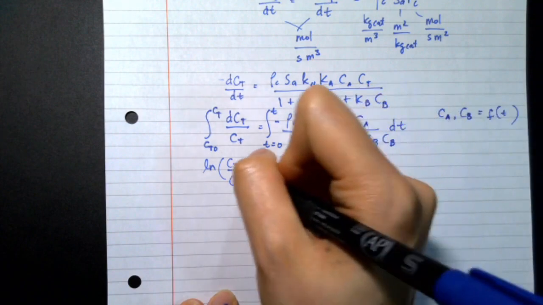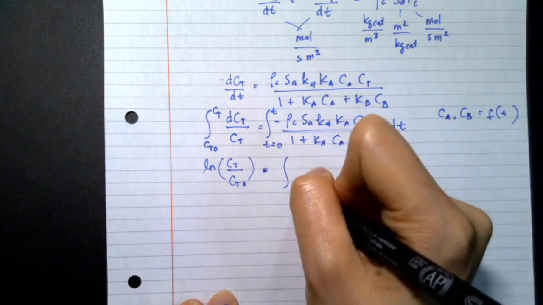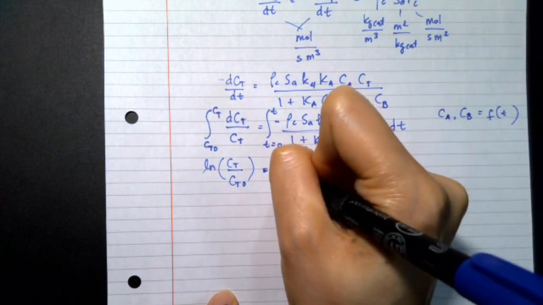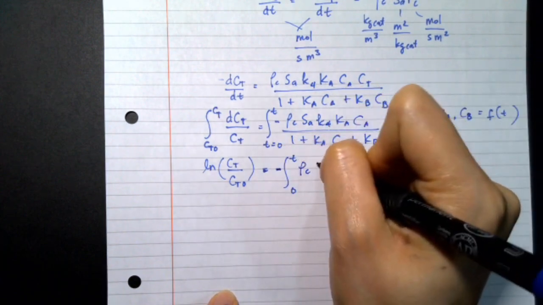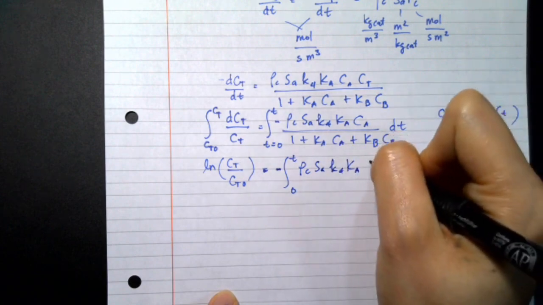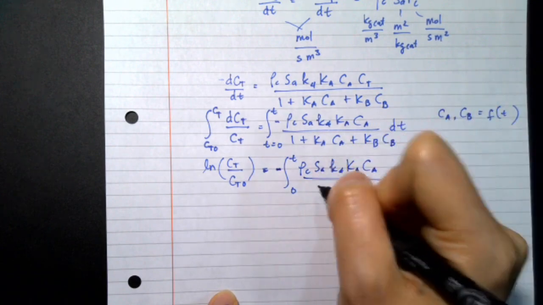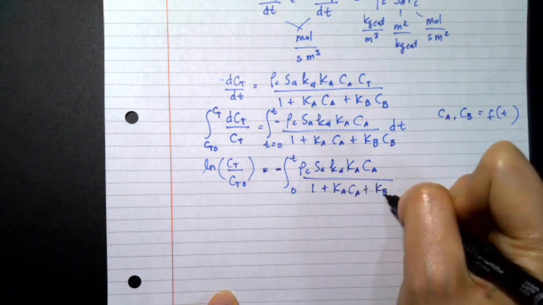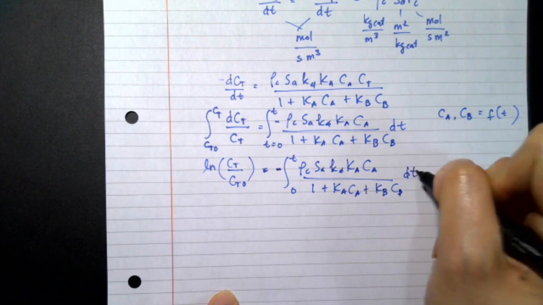So this is equal to the integral from 0 to time t, with a negative sign, of rho C SA K4 KA CA over 1 plus KA CA plus KB CB dt.